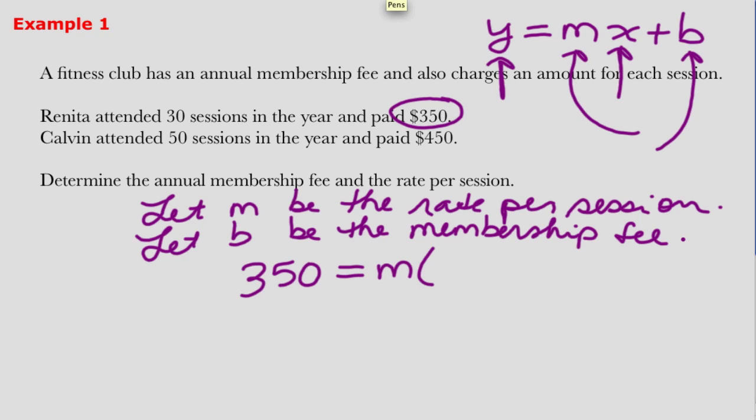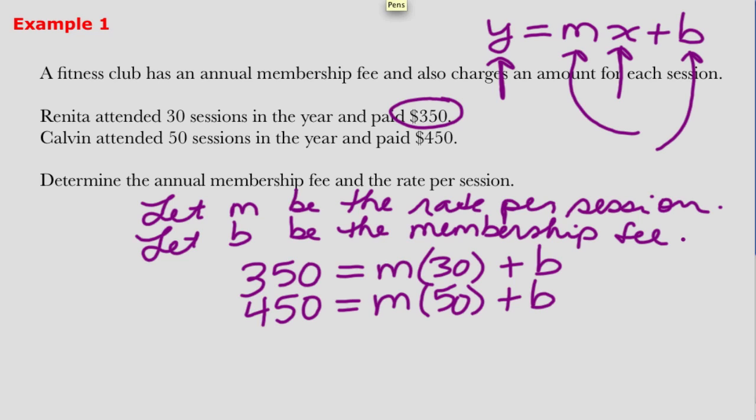I do know that she went 30 times, and I also don't know how much the membership fee was. For Calvin, I know that he paid $450 as his total. I don't know the rate still, but it's the same as Renita. And I know that he went 50 times. So I really do have two equations, and I'm allowed to solve this by substitution or elimination.